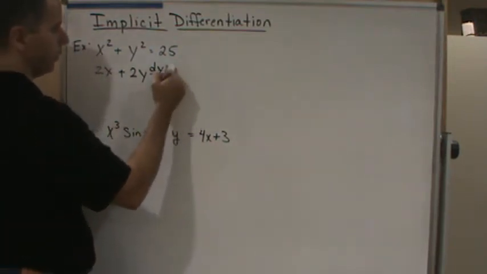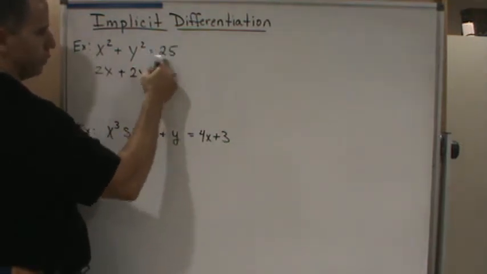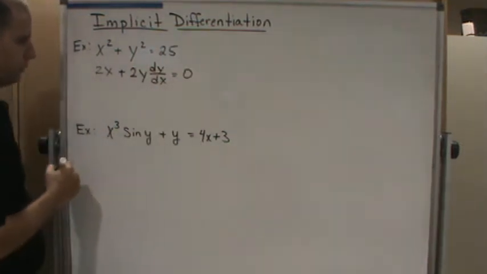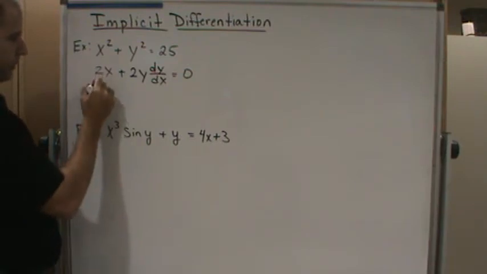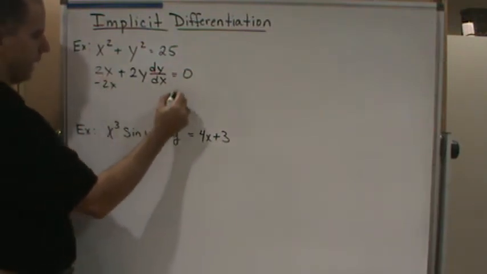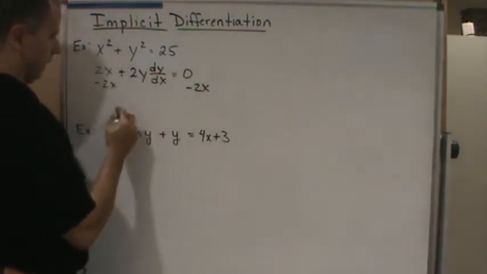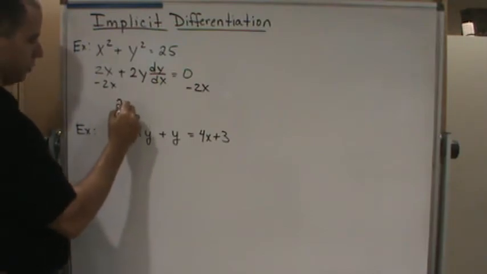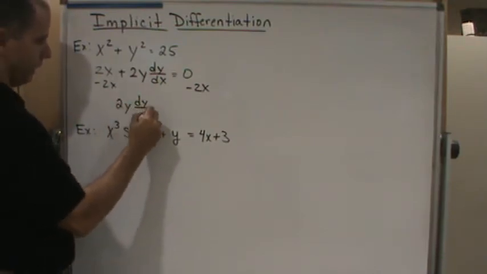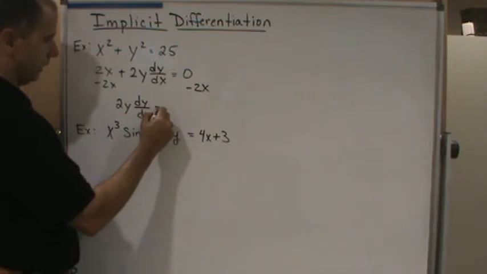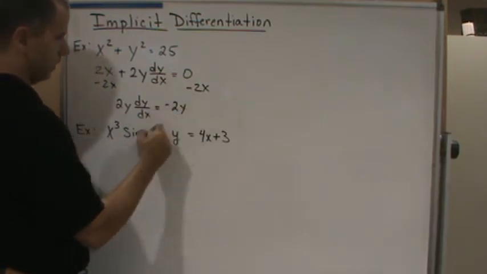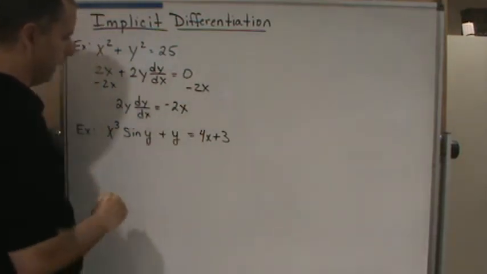Now we do the other side, and of course 25 is a constant, so we get 0. Now I'm going to subtract 2x from both sides, and that gives me 2y dy/dx equals negative 2x.